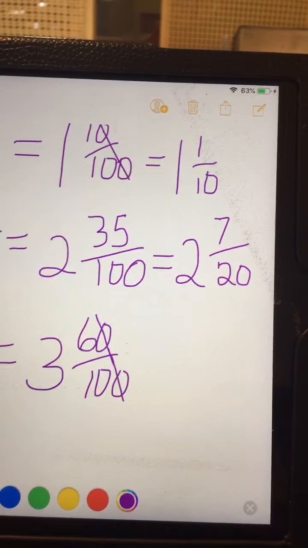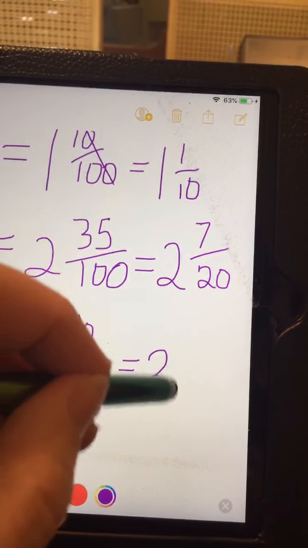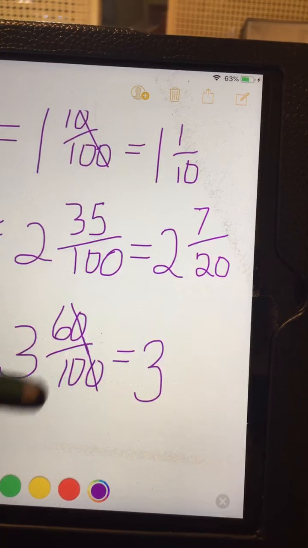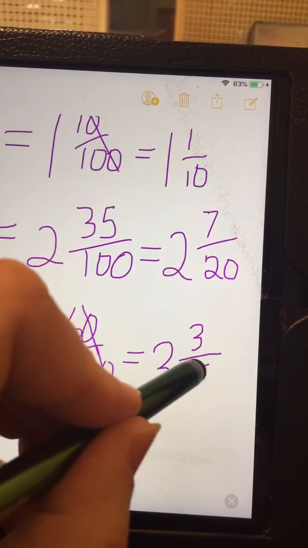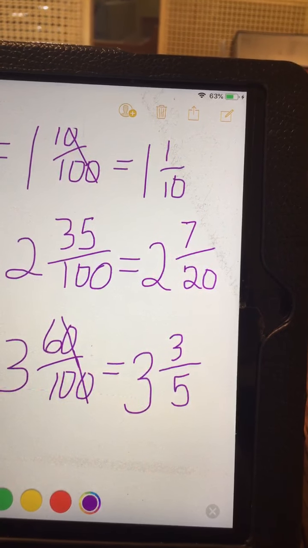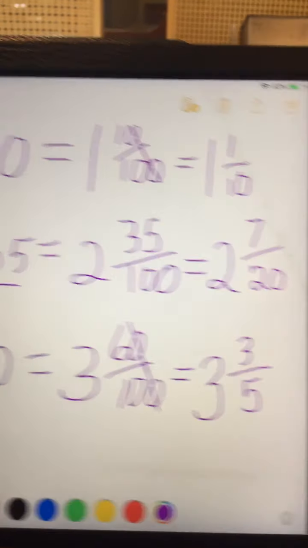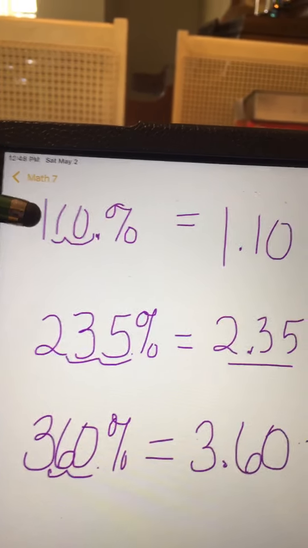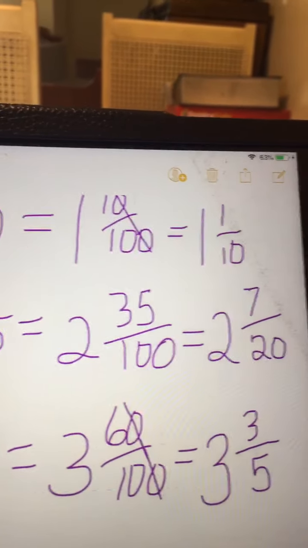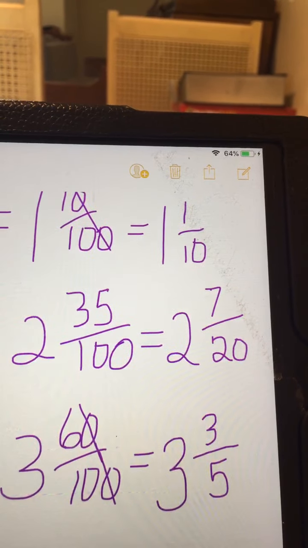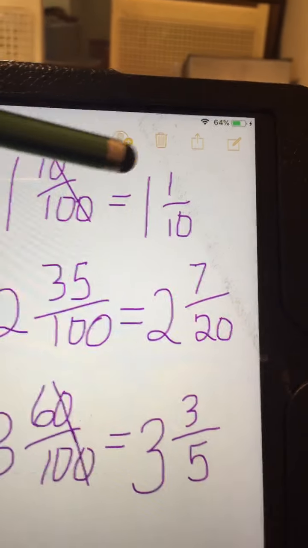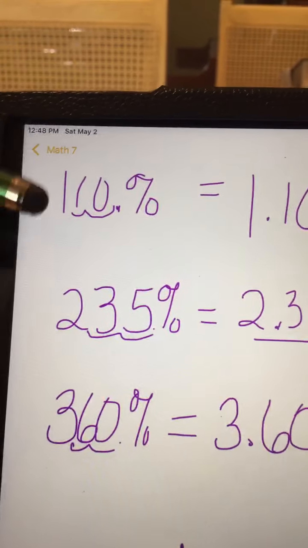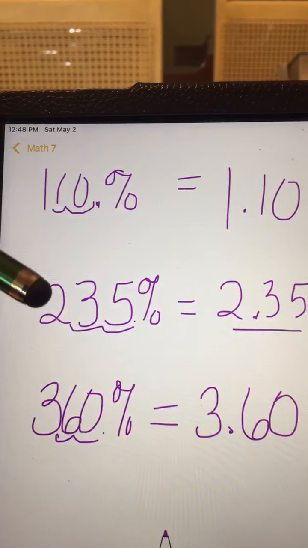Now I have 6/10ths, but that can be simplified too. 6 and 10 are both in the 2's family, so let's go ahead and divide that by 2. Looky there. Okay, so that's how you take a percentage that's more than 100% and change it into a fraction. You're going to have a whole number and a fraction, because it's more than the whole, more than 100%.